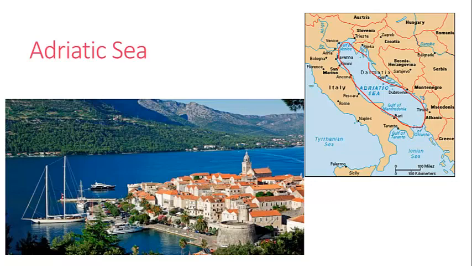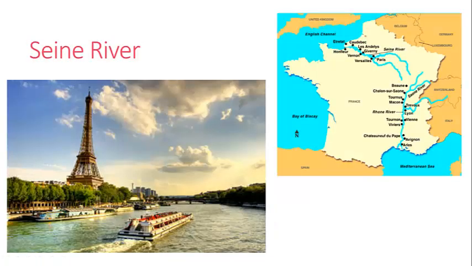It's called the Adriatic Sea. And last, we have our Seine River. It is the river that passes through Paris. It kind of looks like a fork. It has two parts to it, and you can travel it and see the Eiffel Tower right up here.